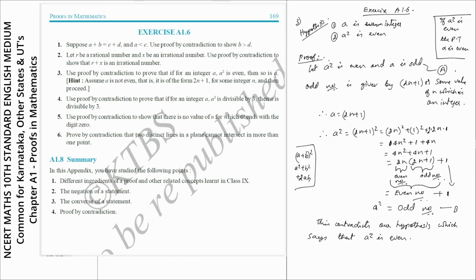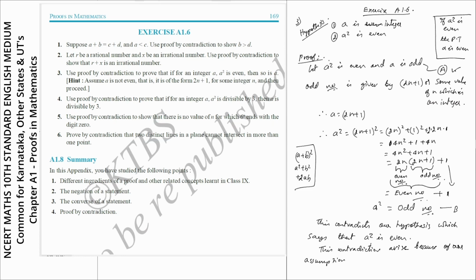Now why does this contradiction arise? This contradiction arises because of our assumption. What did we assume? In A you can see we assumed that a is an odd number.